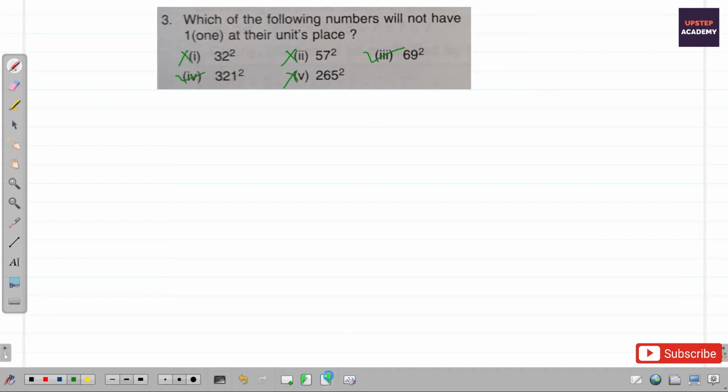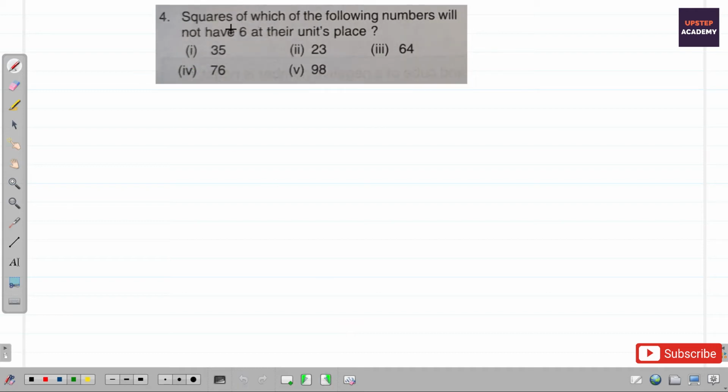Let's go for the fourth question. The fourth question is: squares of which of the following numbers will not have 6 at their units place? You know that if the number present at the units place of any number is 4 or 6, then that number's square will have 6 at the units place.